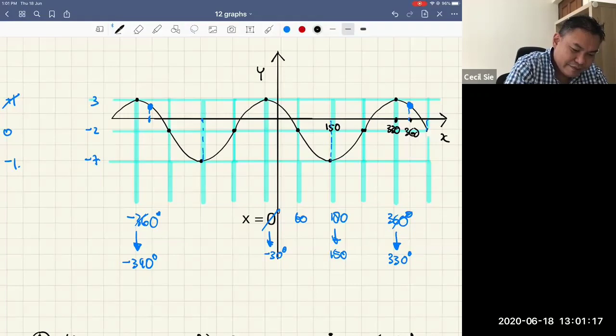Before this is negative 180. Then after you minus 30 become negative 210. This is negative 360. Then this is negative 390.